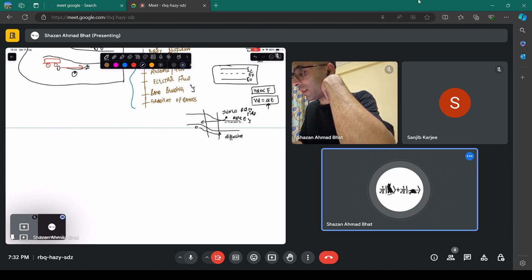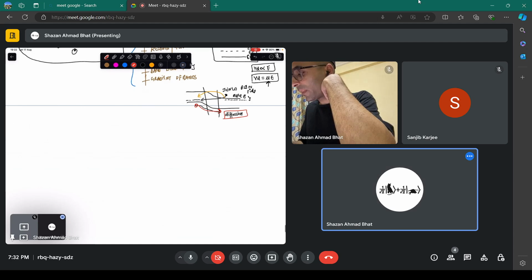That's why you have a larger number of electrons here. The Fermi level is much higher than the middle, near the conduction band, and you have the Fermi level near here. So more electrons are here. They want to go from the higher Fermi level to the lower Fermi level. Holes want to go from this level to this level. This is a pure diffusion mechanism. Diffusion is a kind of random process.